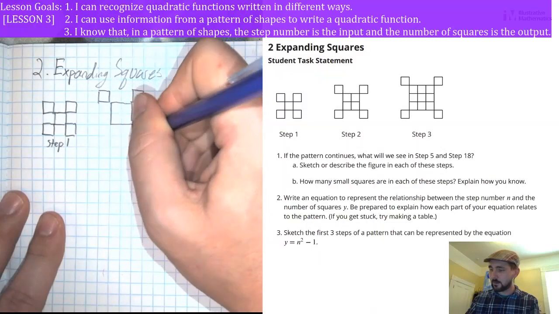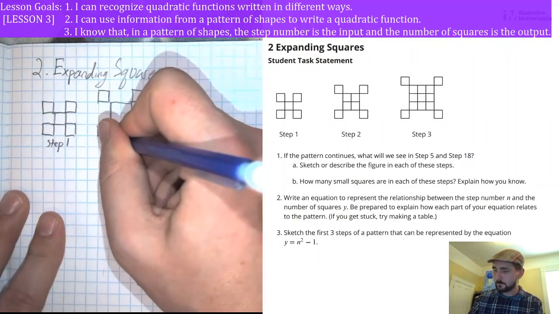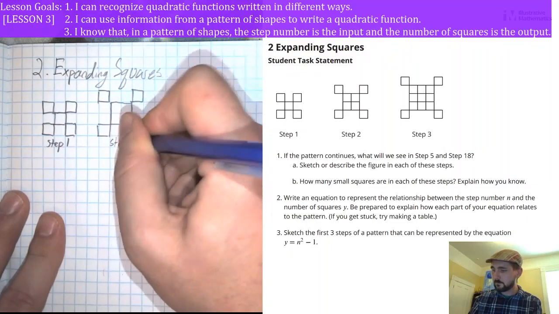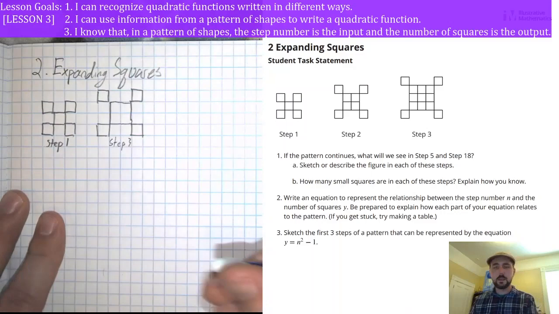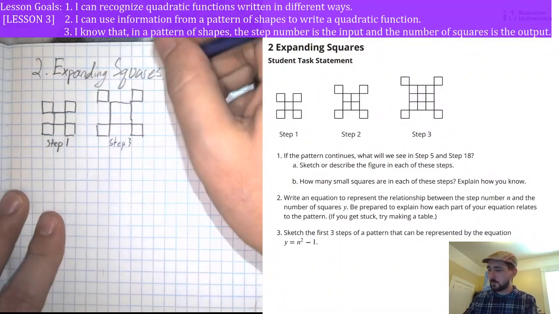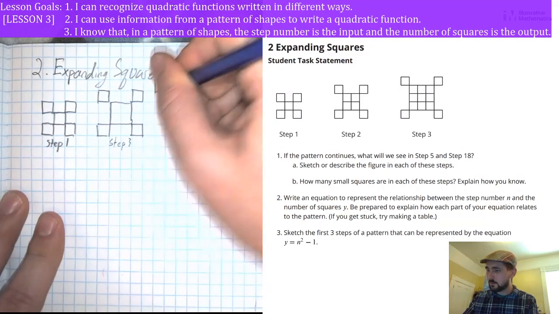Maybe Frogger. Did you guys ever play Frogger? Little frog. And step number 3 is getting even bigger. Kind of running out of space here. I think this will work.